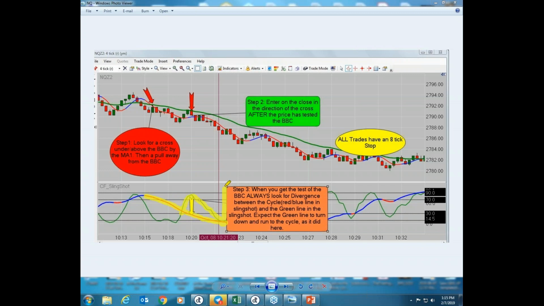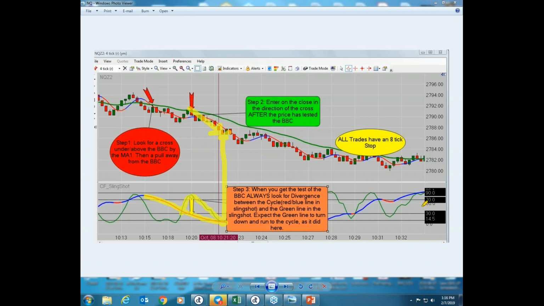When this happens, that is the time to cut the trade loose, because we expect the market to make a new pivot low. The market's making a new pivot low along with the green line. When these two things are touching, the green line and the cycle right here, we're getting the heck out of Dodge.